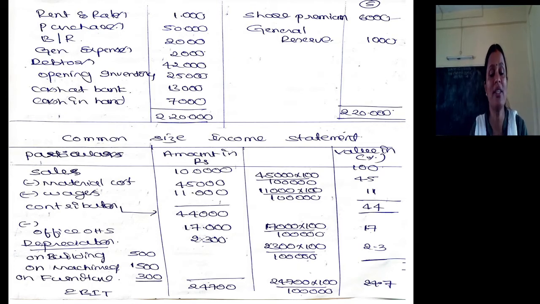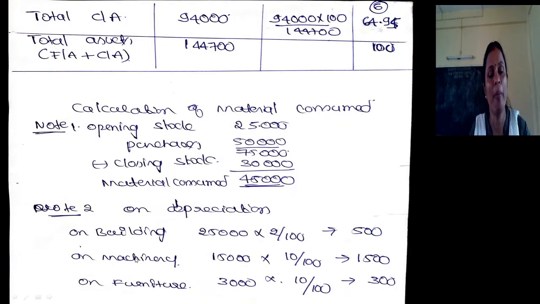Here we need to concentrate on two things. One is the 45,000. The other one is how we calculated depreciation on building, machinery and furniture, which I explained in the form of a note. See, sales minus direct cost. Direct costs are material, wages or any other direct expenses in the form of manufacturing expenses.